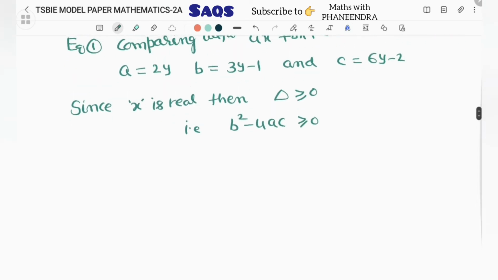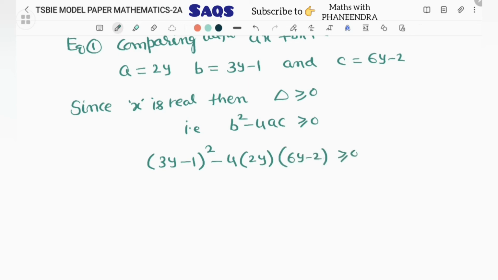So b square, what is b square? 3y minus 1 whole square minus 4 into 2y into c value 6y minus 2 is greater than or equal to 0. Here a minus b whole square expansion, 9y square plus 1 minus 2 into 3y into 1, 6y, minus 8y into 6y minus 2 is greater than or equal to 0.